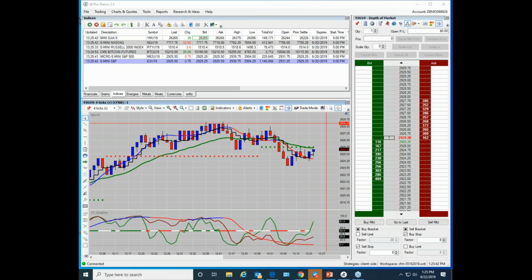Not only that, try this. We close below this little uptrend line, right? We're closed right below it. So actually, right now, potential shorting opportunity here.